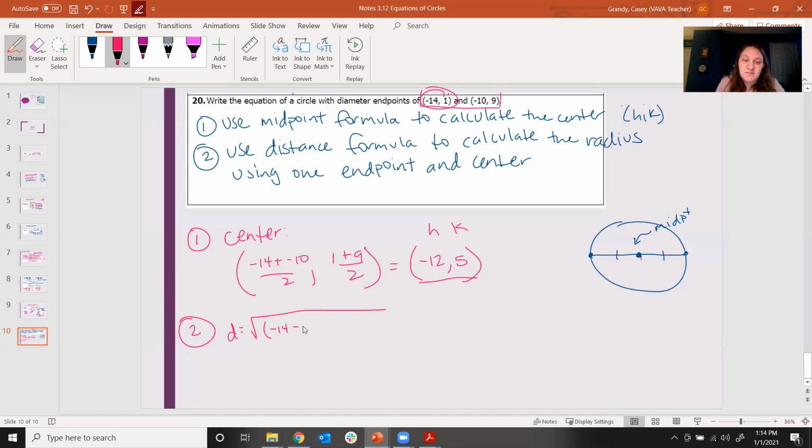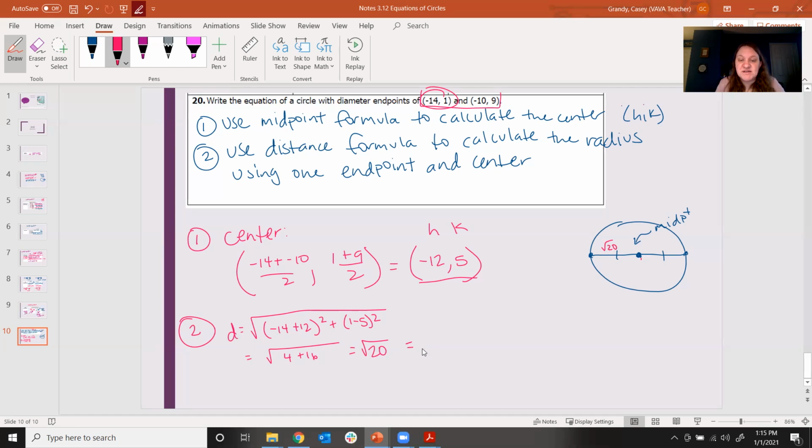Negative 14 minus negative 12 squared plus 1 minus 5 squared. So this becomes negative 2. Negative 2 squared is 4. 1 minus 5 is negative 4. Negative 4 squared is 16. So the distance, okay, because this d was for distance, is the square root of 20.